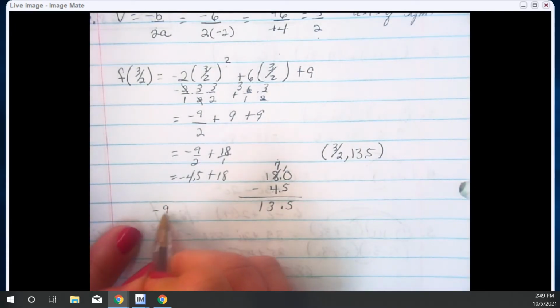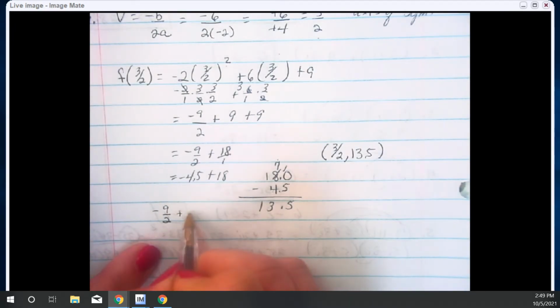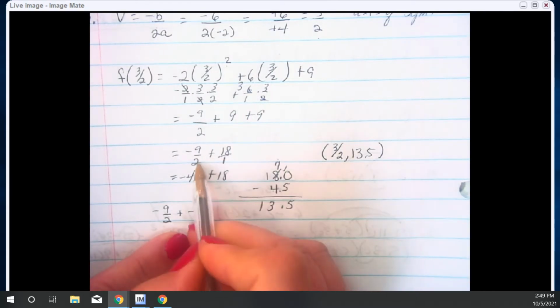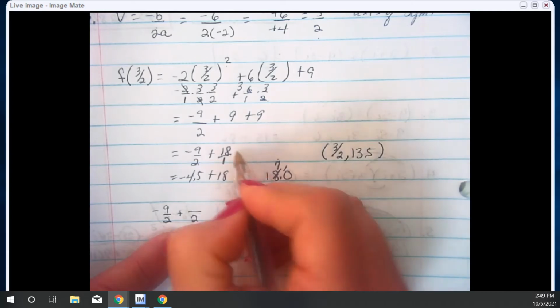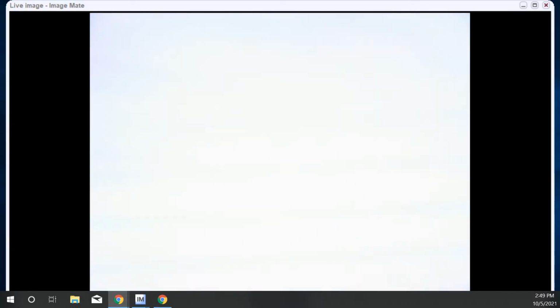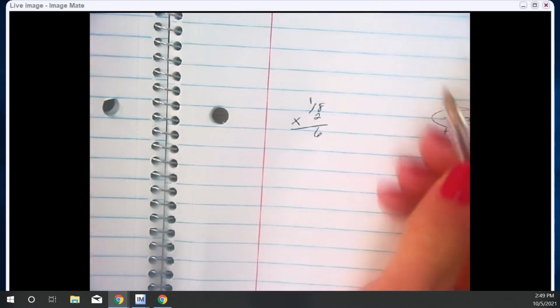If you're not sure what this 9 halves is, you can go ahead and change. What did you multiply 1 by to get a 2? Well, 2. 2 times 18. If you're not sure what that is, you can always come to your scratch paper and multiply it. 2 times 8 is 16. Carry the 1. 2 times 1 plus 1 is 3. 18 times 2 is 36.